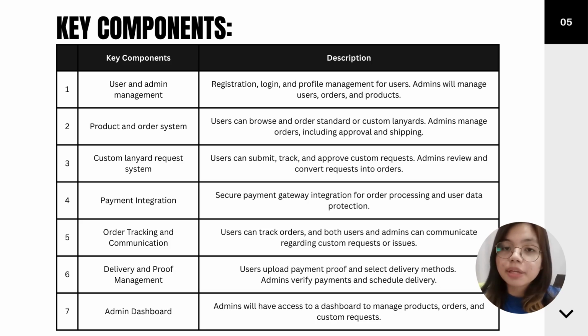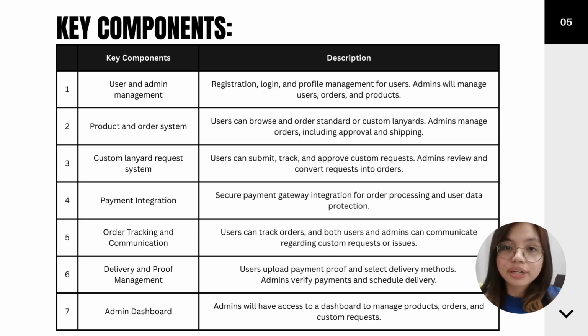Fourth is the payment integration, where we integrate a secure payment gateway to ensure safe and reliable transactions. And fifth is order tracking and communication, where users can monitor their order status, and both users and admins can communicate regarding custom requests or concerns.